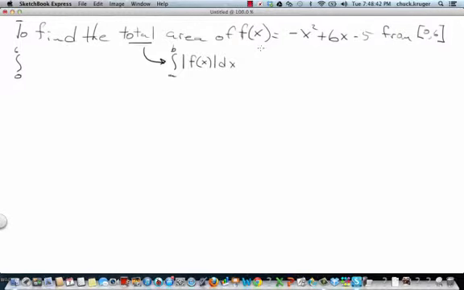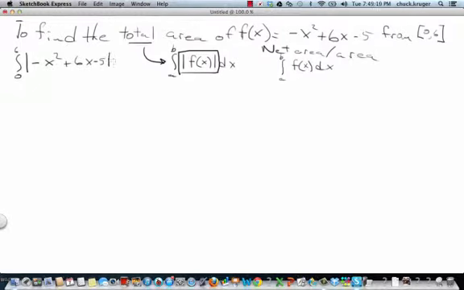And if you're just looking at net area or just area, then it's simply the integral from a to b of f of x dx. So the absolute value guarantees you total area under a curve. And so I'm going to take the absolute value of negative x squared plus 6x minus 5 dx.